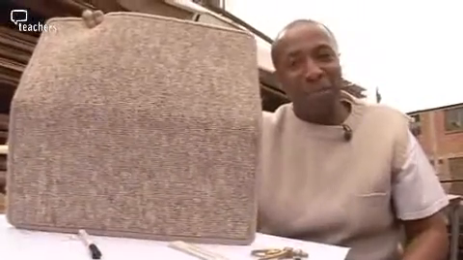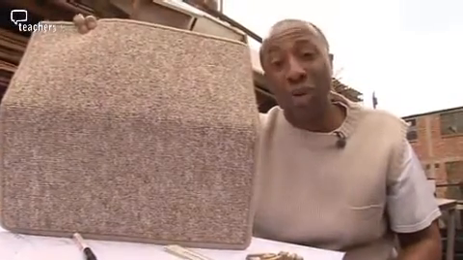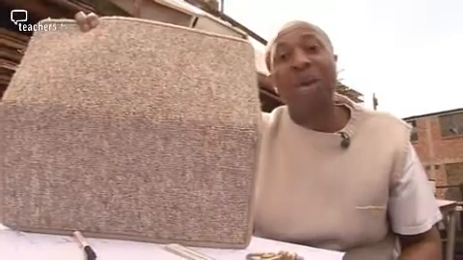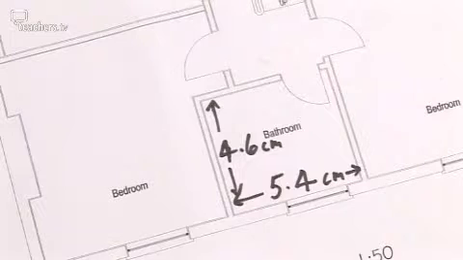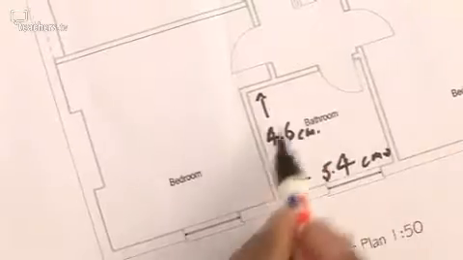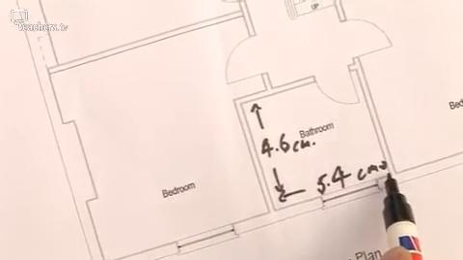Back to the plan. What area of carpet do we need for the real room? Remember, the scale is 1 to 50. The area of the room on the plan is 4.6 centimetres multiplied by 5.4 centimetres.